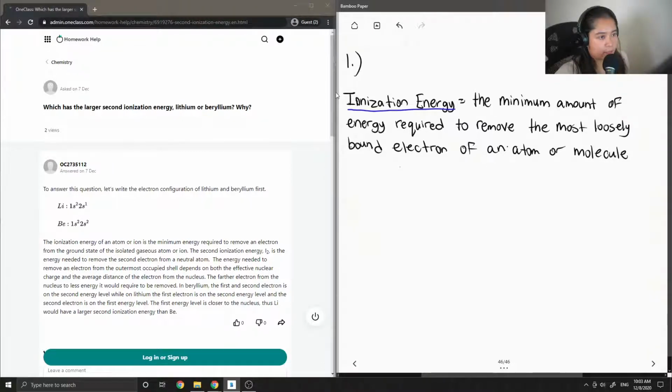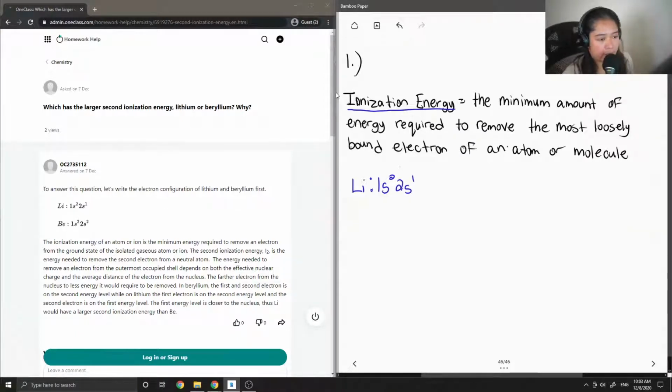So first, let's look at lithium and beryllium's electron configuration. In the case of just a neutral lithium atom, it has an electron configuration of 1s2, 2s1.